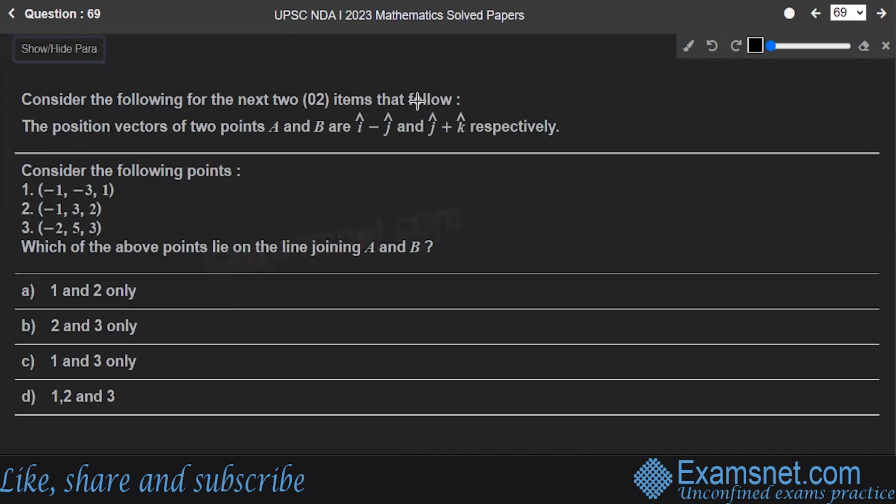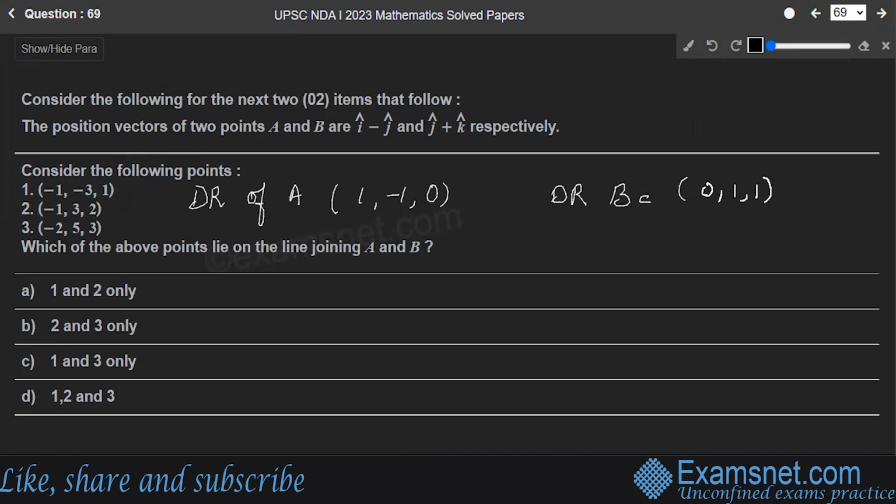Same thing, you have two questions, 69 and 70, based on this given statement. Position vectors of two points A and B are i minus j and j plus k respectively. So the direction ratios of A are 1, minus 1, 0, and of B are 0, 1, 1.